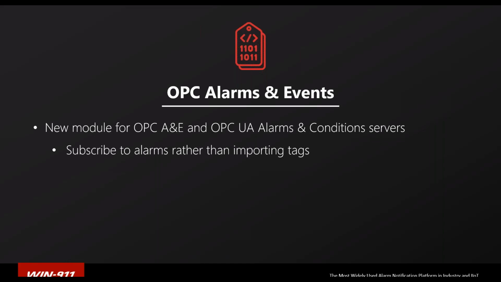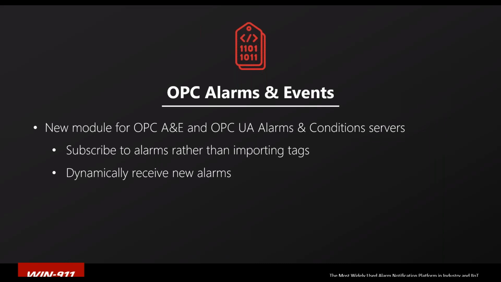You set up a particular filter onto the server to determine which alarms you want to connect to. And of course, because you're not importing, you can dynamically receive new alarms from your SCADA system. So if you add a new alarm to your SCADA system and it matches the filters you already set up, it's just going to come into WIN-911 automatically.